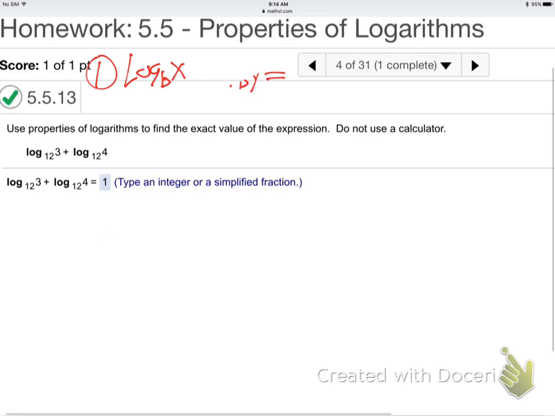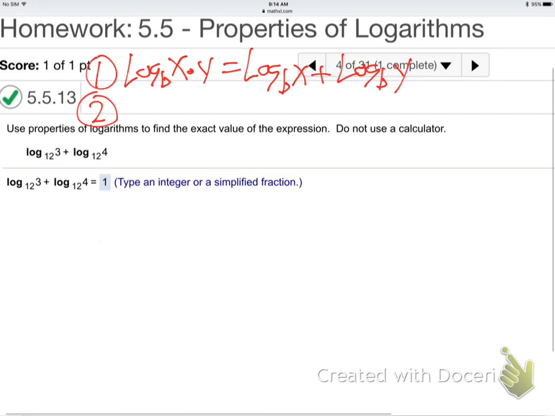Let me write it this way. Log base b of x times y is the log base b of x plus the log base b of y.